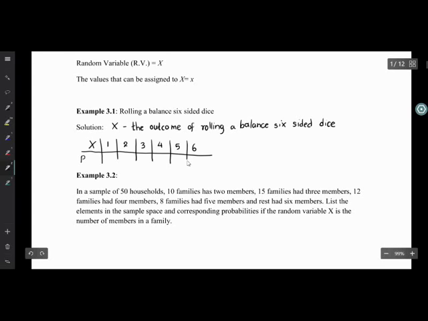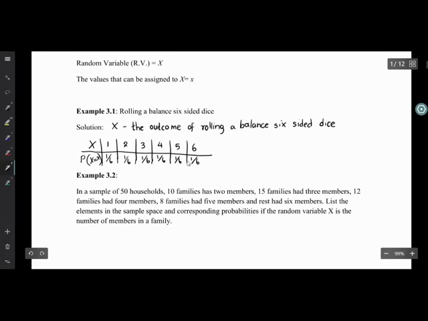Now let's try to write down the probabilities of these X's. Since the dice is a balanced one, all these 6 sides have the same probability of being the outcome. The total probability is 1, therefore the total probability 1 should be equally divided among all these 6 values. Therefore, the probability of each of these sides will end up with 1 over 6.